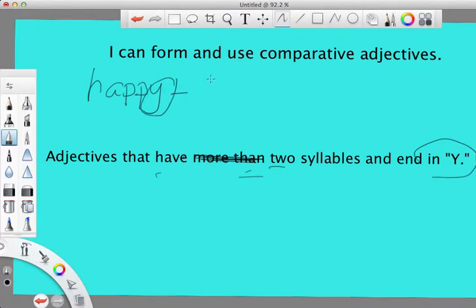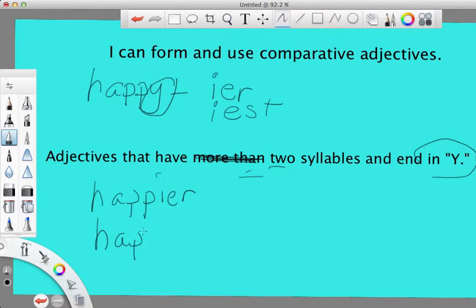Well, for all of these words, that y becomes an i. And then you just add your er or your est. So happy becomes happier for two items, and happy becomes happiest when you're talking about more than two.